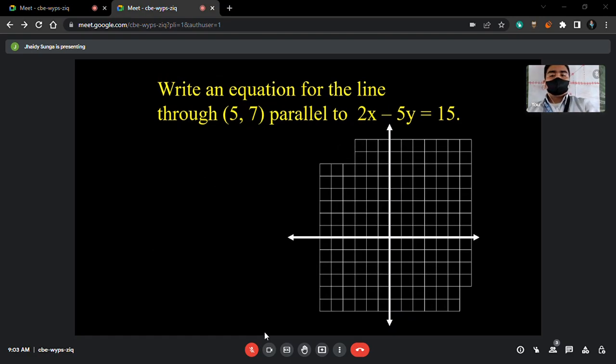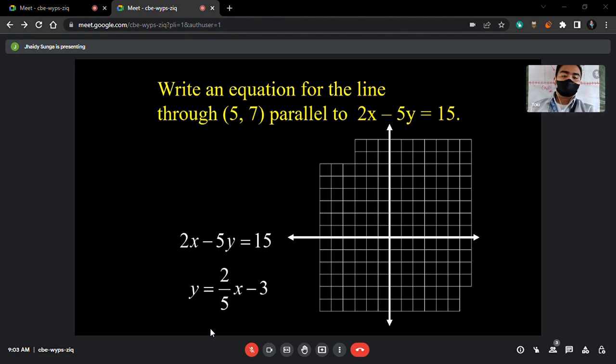Now, next. Write an equation for the line through (5, 7) which is parallel to 2x minus 5y is equal to 15. This is the one that we had a while ago. I want you to look at this presentation. Now we have the slope-intercept form.